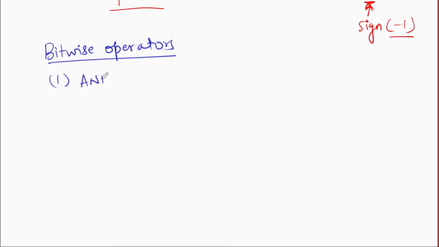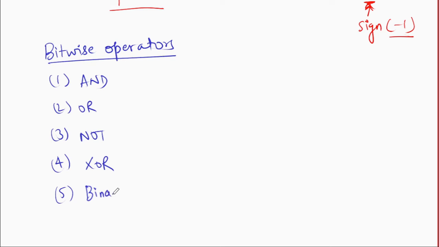Operators are and, or, not, then XOR, followed by shift, by binary shift, either in the left or in the right direction.